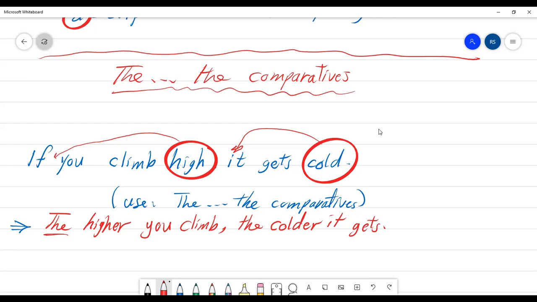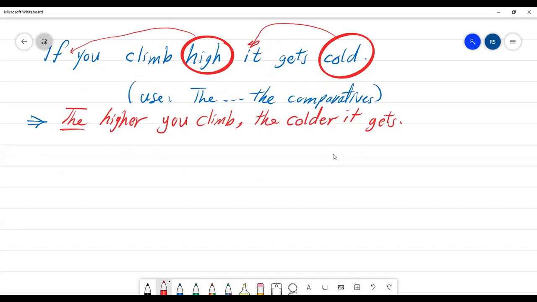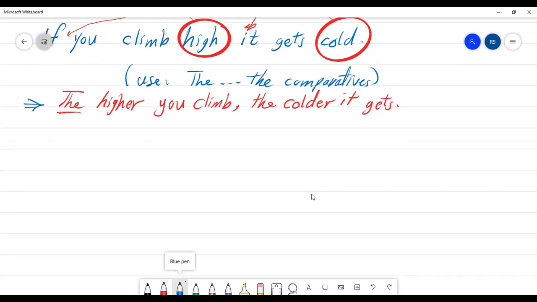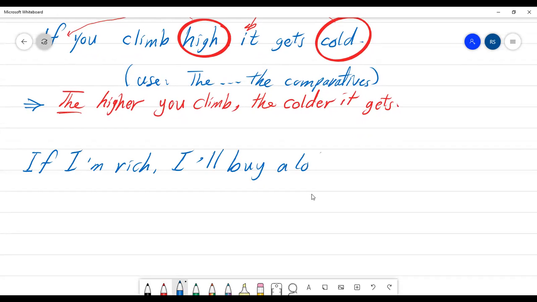Okay, my friends. Another example. If I am rich, I'll buy a lot of things or stuff. Who can do it, my friends?